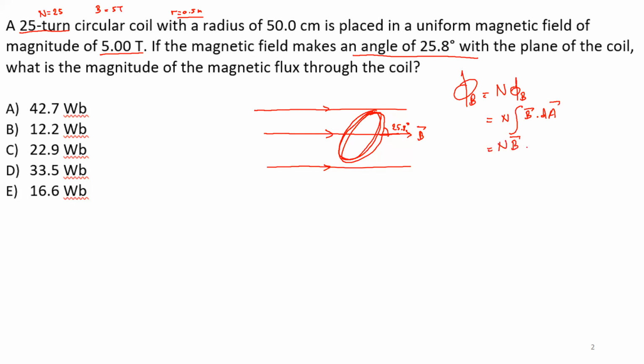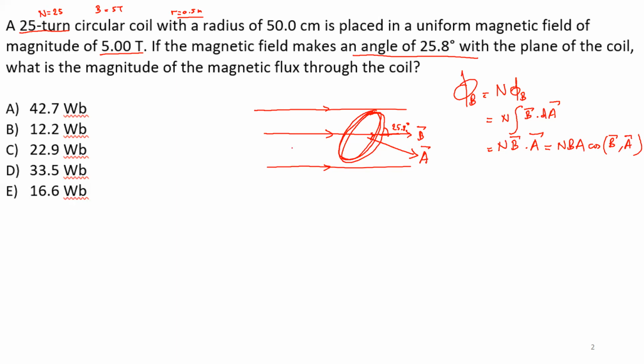So N B dot A, which is N B A cosine of the angle between B and A. Now I want the angle between B and A. Of course, B is here. Now what is A? A is normal to the surface of the coil, so A is along the normal. And this is 90 degrees.